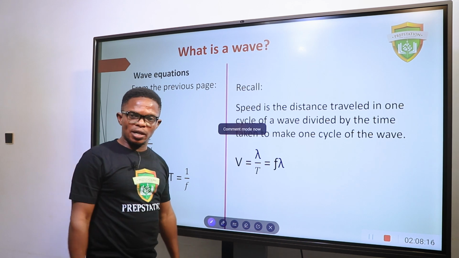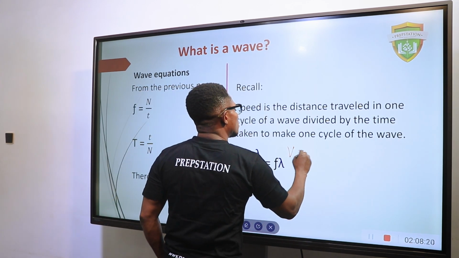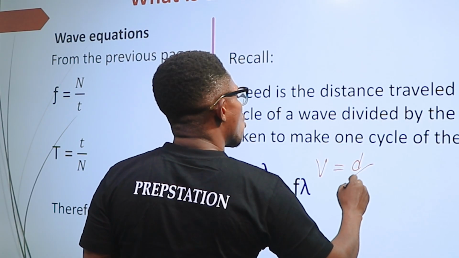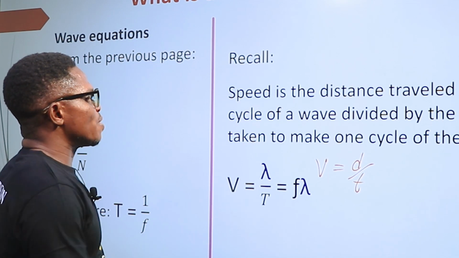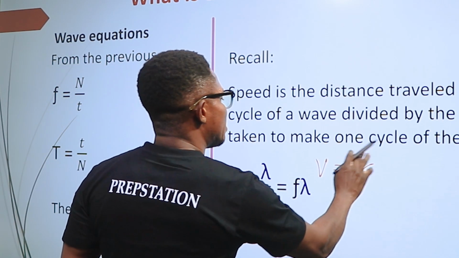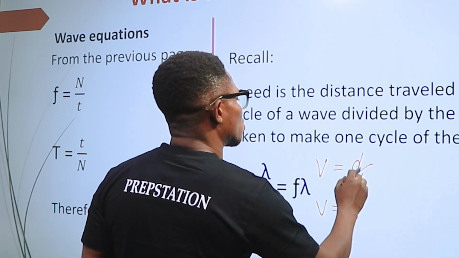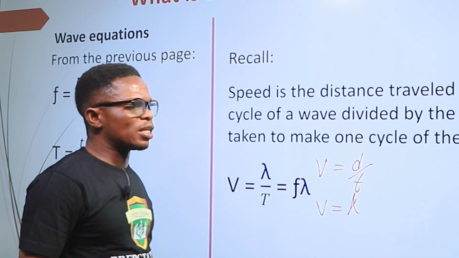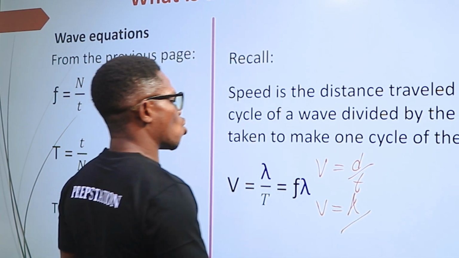And then the other one is speed is equal to lambda over period. Let me quickly explain why we have it this way. Normally, speed is defined as distance over time. But because we are dealing with wave, the distance for wave is called wavelength, lambda. So instead of using d, I'll be using lambda. And then the time taken to make one wavelength is called period.